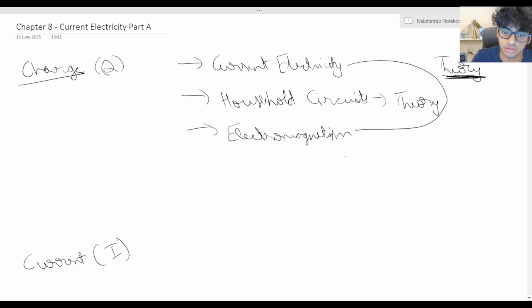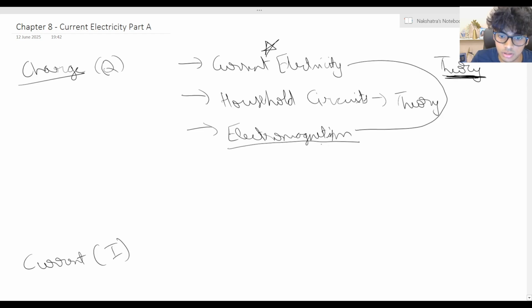Aside from that, you also have numericals. I believe you will get numericals from current electricity. Electromagnetism, there shouldn't be any numericals.